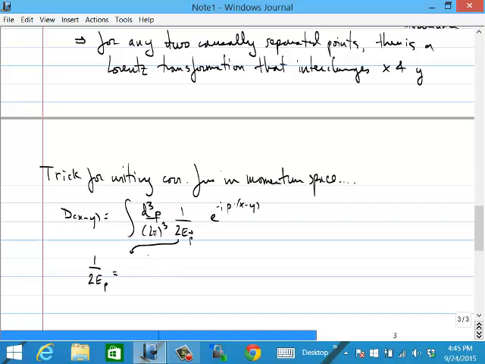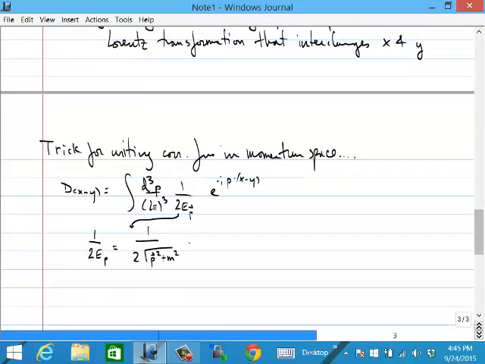So that's 1 over twice the square root of p squared plus m squared. Now, this is just a really dirty trick. I want to notice that I can think about this as the result of a contour integration.